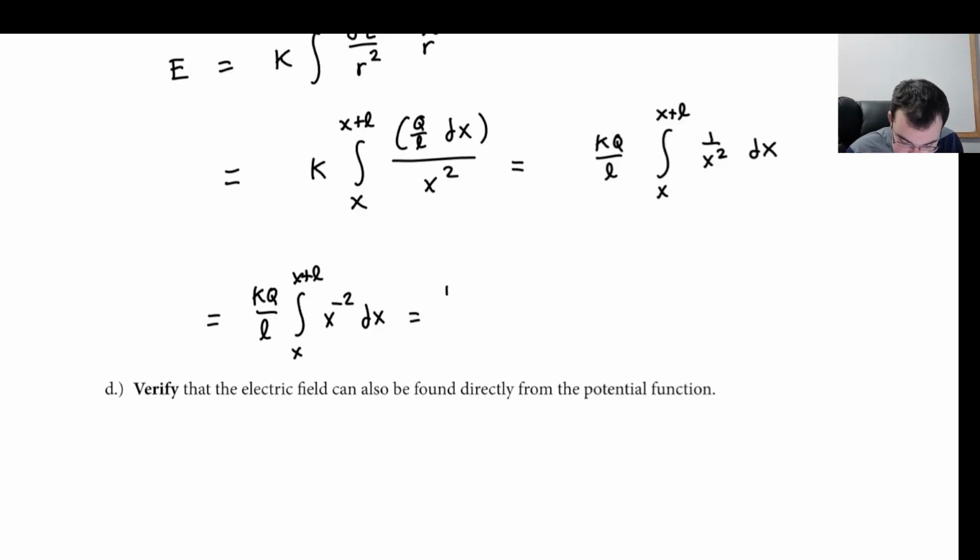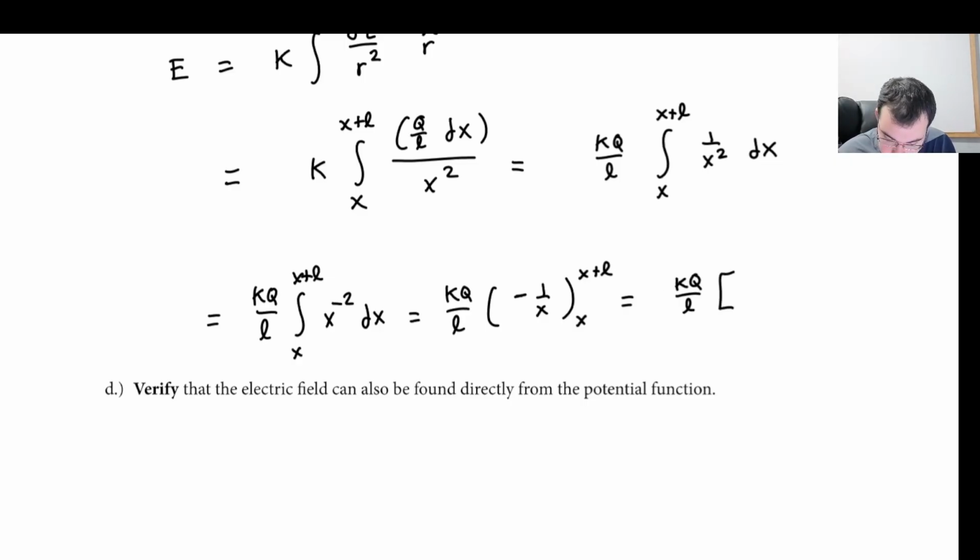So again, we get x to the negative 1 over negative 1, which is the same thing as minus 1 over x. And then we plug in our limits. We'd get kq over L, pulling out the negative first, so you get 1 over x plus L minus 1 over x.